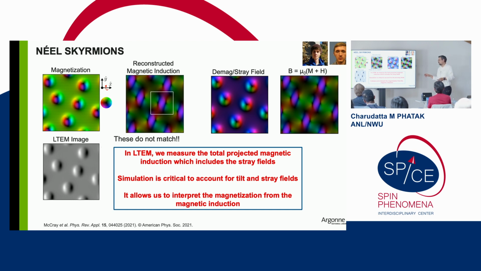This is particularly important for materials which show Néel type skyrmions, which have strong perpendicular anisotropy, because there are strong stray fields arising from that. And so simulation becomes critical to account for the tilt as well as the stray fields, and then from that we can potentially think about interpreting what the magnetization is in these images.